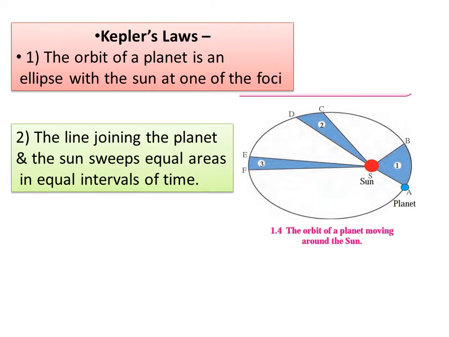For example, AB and CD are distances covered by the planet in equal time. Therefore, area ASB and area CSD are equal.